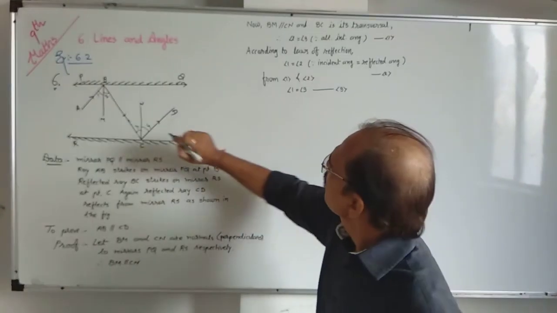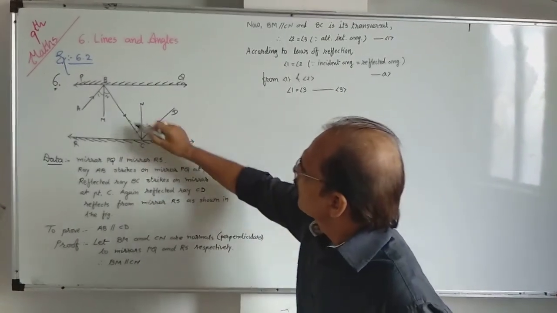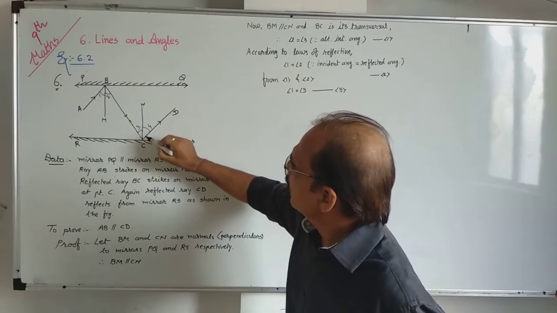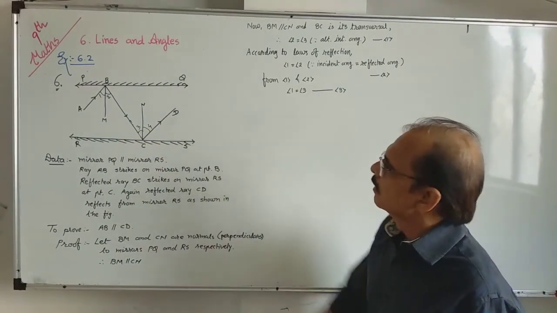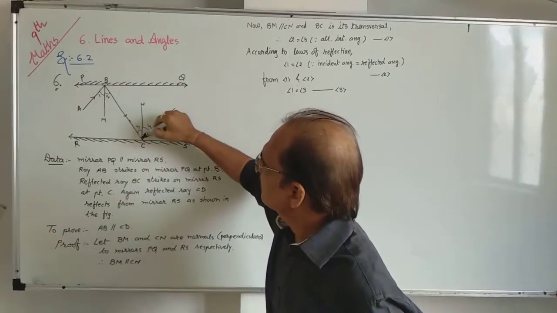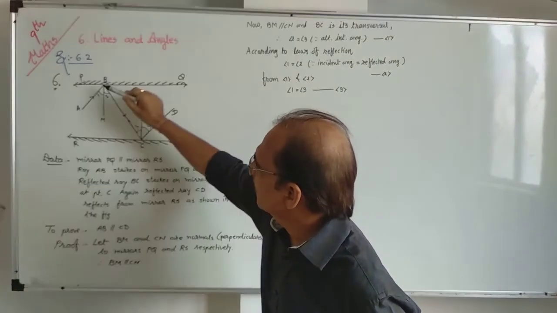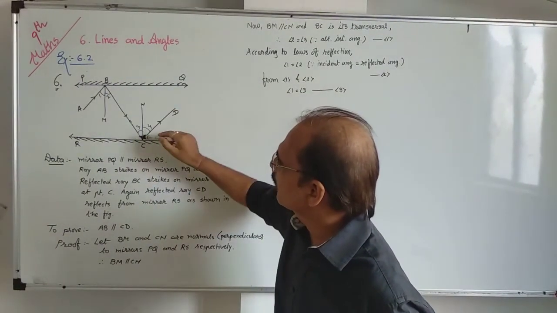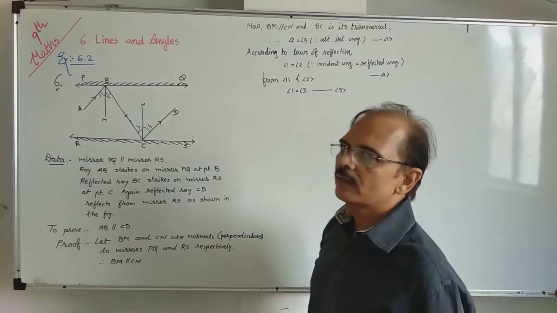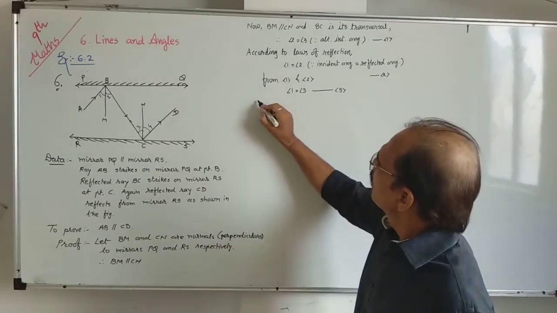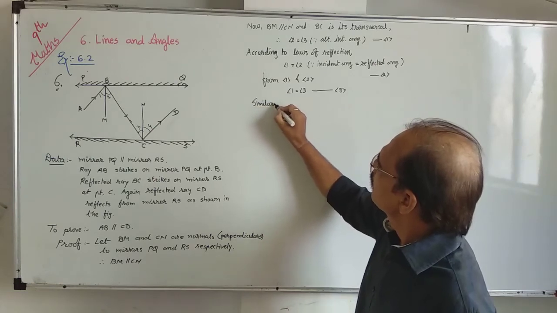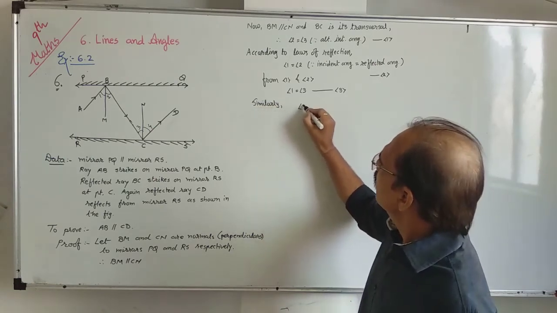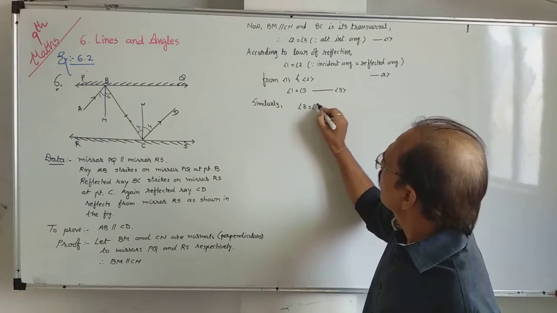In the same manner here, ray BC is the reflected ray for AB, but for CD it is called the incident ray, and ray CD is called the reflected ray. So similarly, angle 3 equals angle 4.